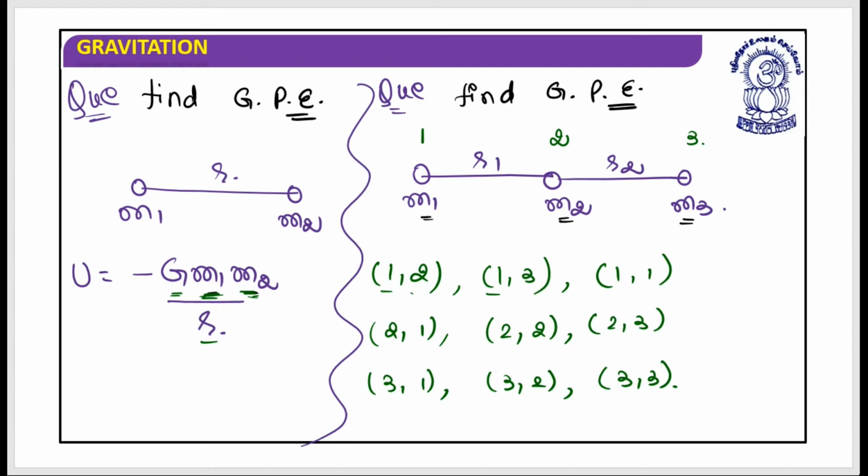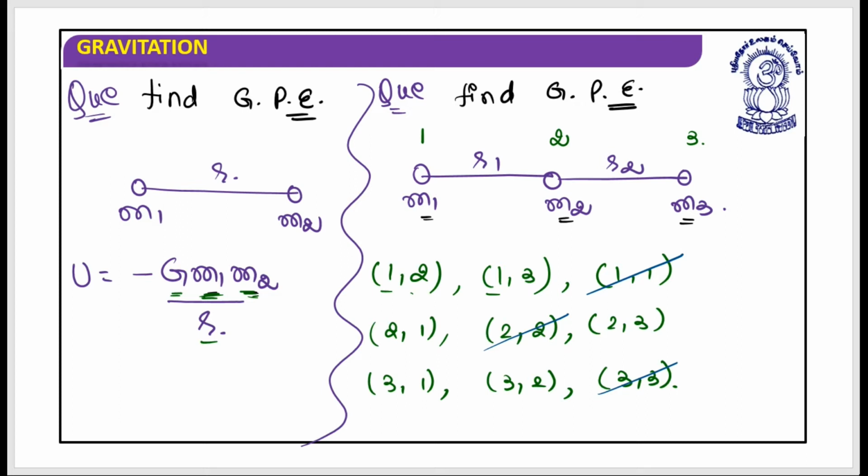So the pairs 1 1, 2 2, and 3 3 cannot form a potential energy for us. Is it clear up till now? Are you sure? So these could not form a proper potential energy, so these are not valid options.